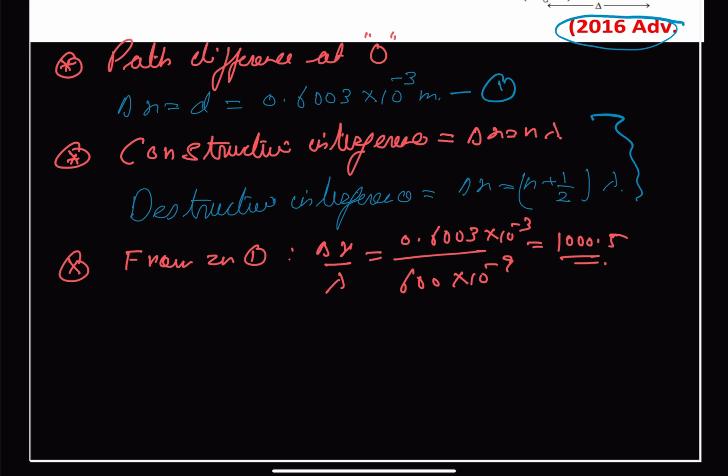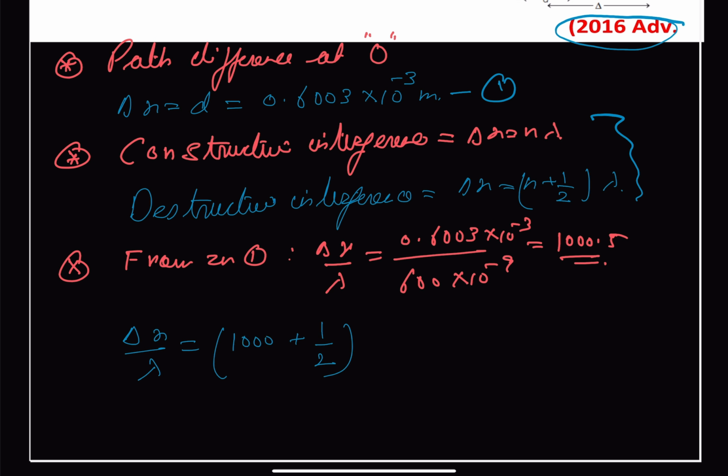And we can easily see that this can be represented as a half integer. So delta x upon lambda will be equal to 1000 plus 1 by 2. Sorry, not 500, my mistake, 1000.